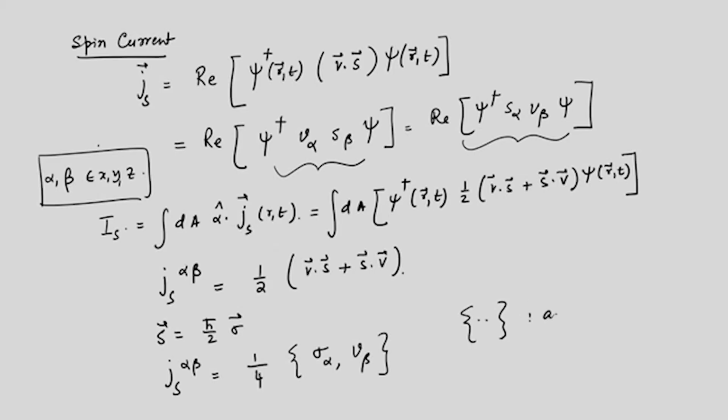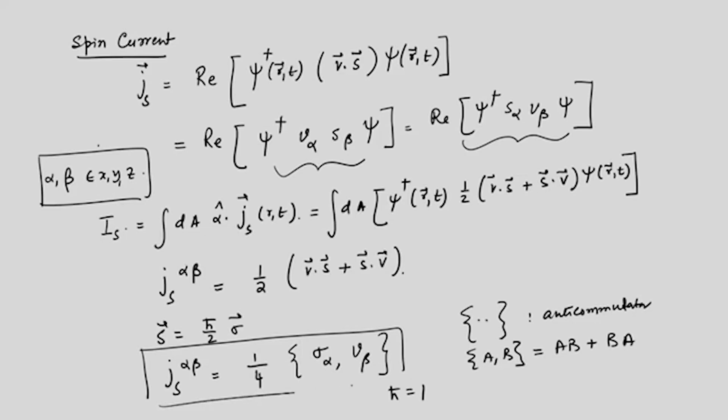You know what an anti-commutator is. It is basically given by, say, you have A and B, and the anti-commutator of that is equal to AB plus BA. A commutator will have a minus sign here. All right. So, this is the form, where we have taken h cross equal to 1. So, this is the form of the spin current and its components, and so on.